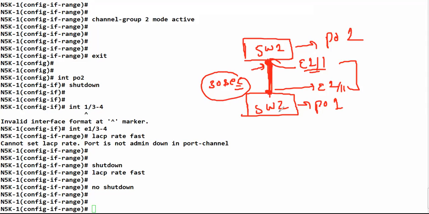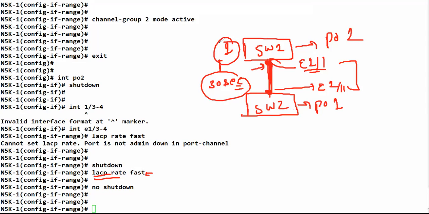So that is why I need to put this port into LACP suspend mode. So just for the sake of the practicals, I'm putting the LACP rate fast, because when we run this command, LACP rate fast, your LACP timer will be changed from 30 seconds to 1 second.